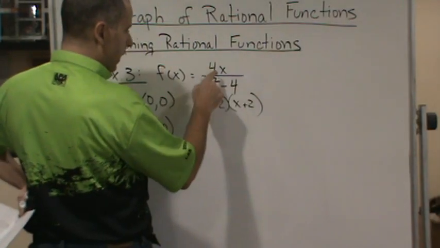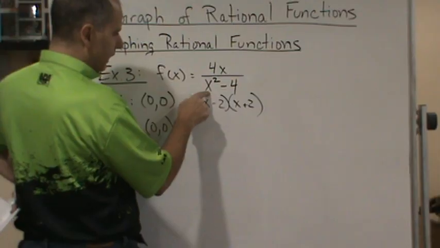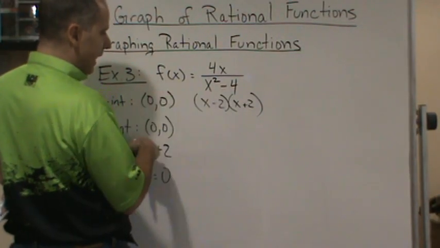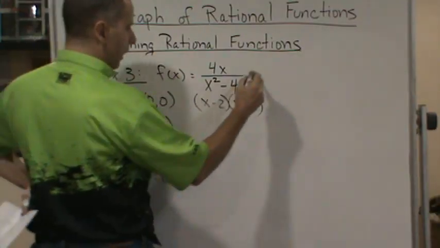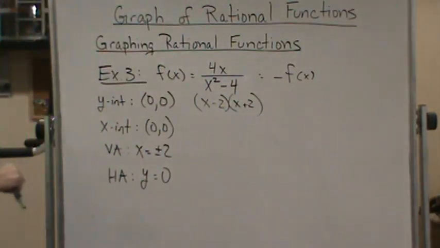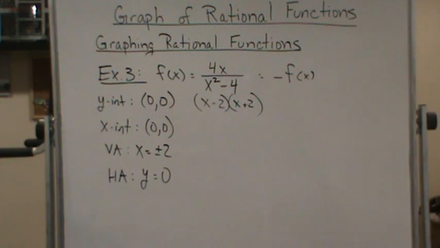Because if you plug in negative x in the numerator, you get negative 4x, and in the denominator you just get x squared again. So you pull out the negative and get the negative of f of x. So this is symmetric with respect to the origin. We might be able to use that.